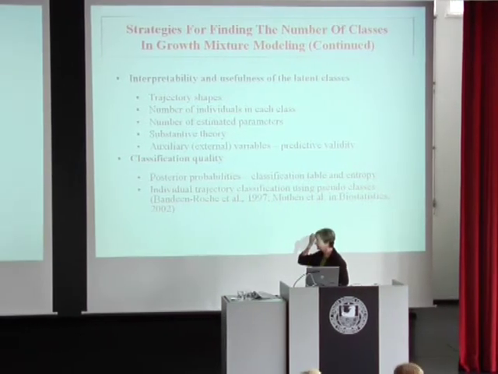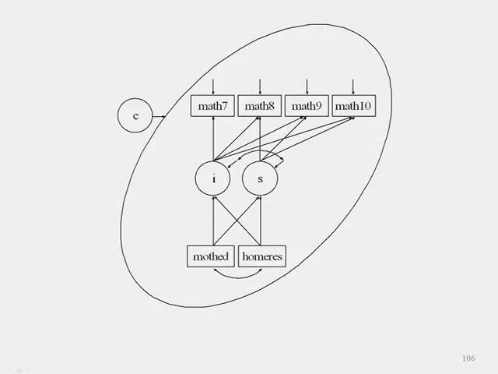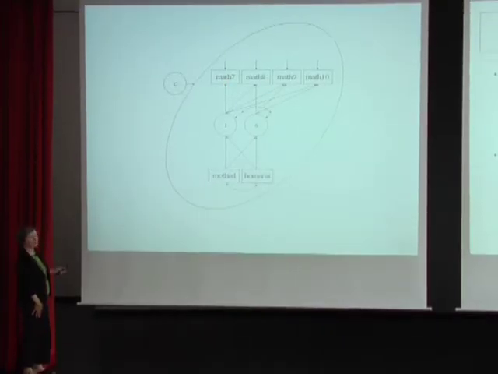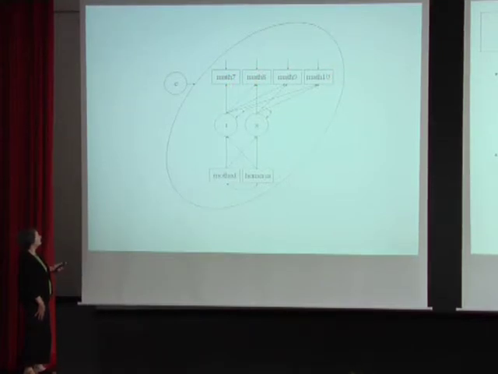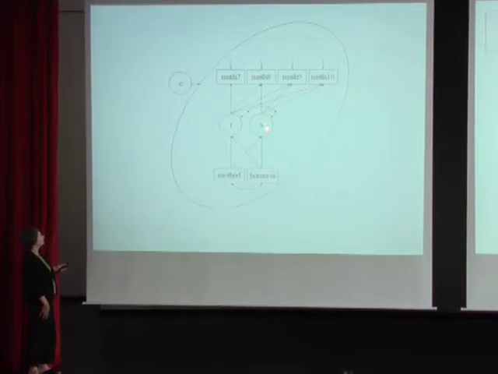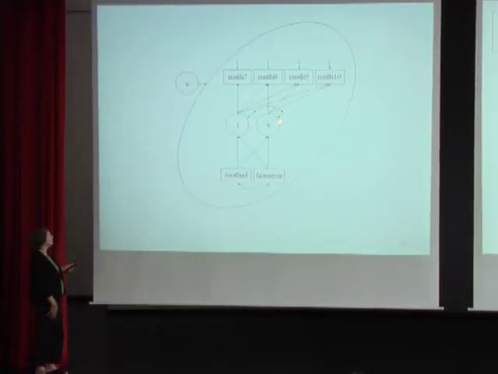And here is the model that we're going to look at. I mentioned that we're going to be looking at math achievement. So we have math in grades 7, 8, 9, and 10. And we have a linear model. So we have two growth factors, the intercept growth factor and the slope growth factor.